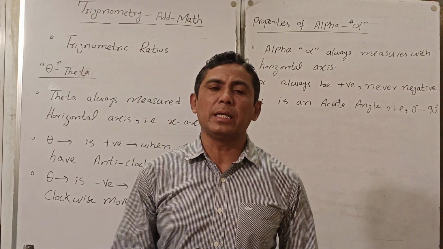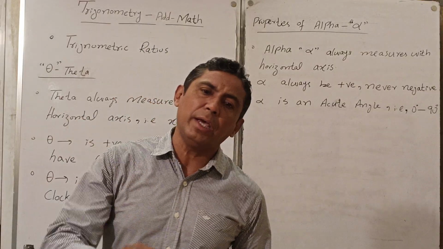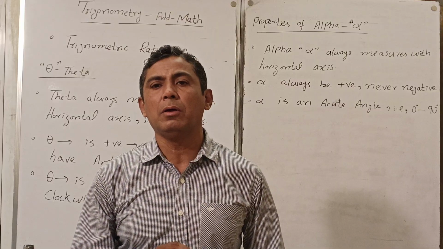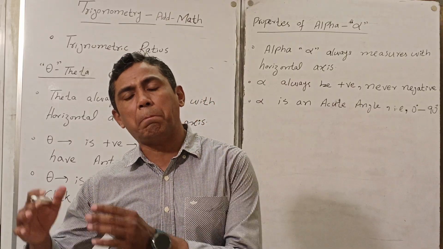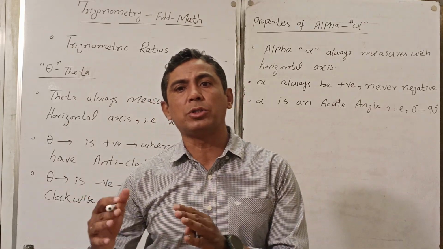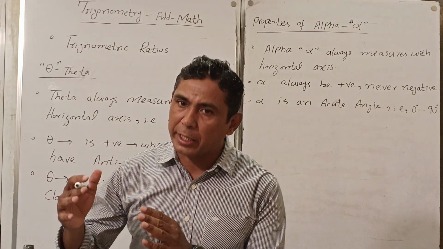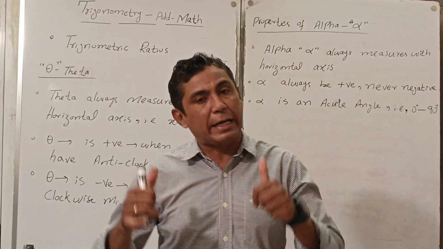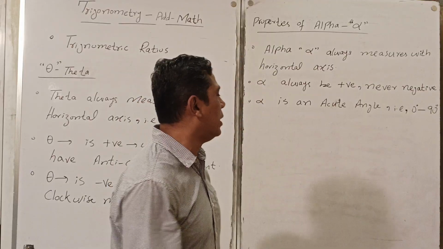Second important thing is that we always talk about the right angle triangle as the base when you try to find the value of a trigonometric ratio. So we assume that you will have a right angle triangle. This is one important thing.